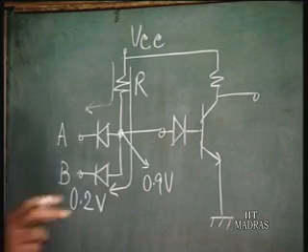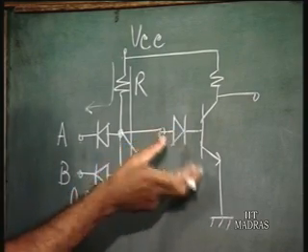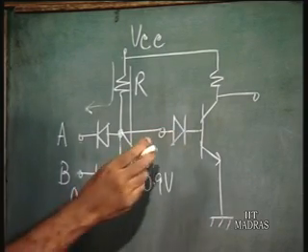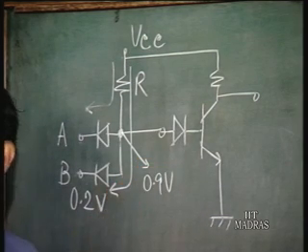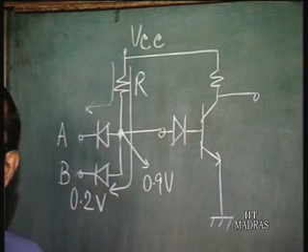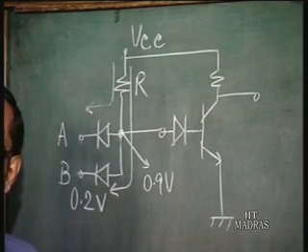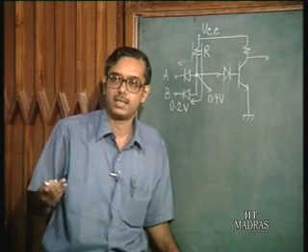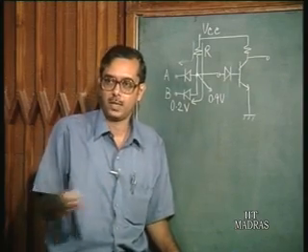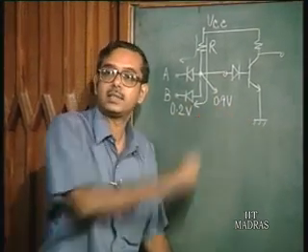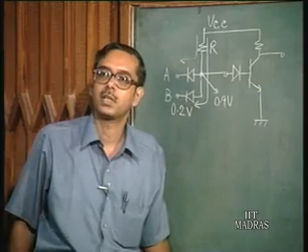Let us say that this 0.9 volt is going to drop shared equally between these two. So the drop is going to be 0.45 volts across each, and let us say for this diode to conduct, you require at least 0.6 volts. There is going to be no conduction. There is going to be no base current. This transistor is going to be cut off.